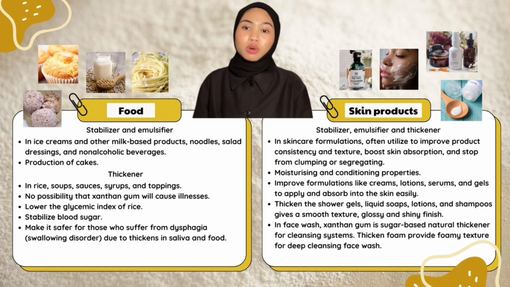Lastly, in face wash, xanthan gum acts as a sugar-based natural thickener for the cleansing system. Thickened foam provides a foamy texture for deep cleansing face wash. So it is a good choice actually for those who have sensitive skin.